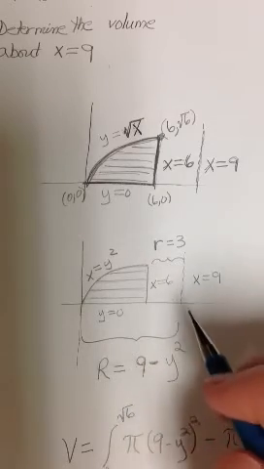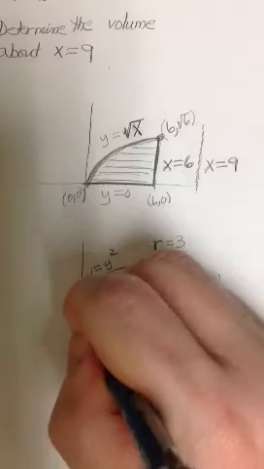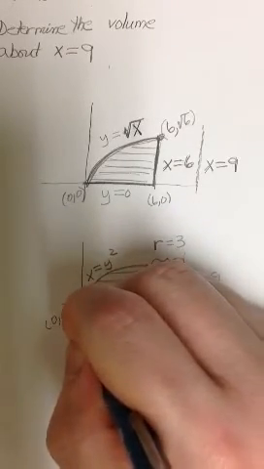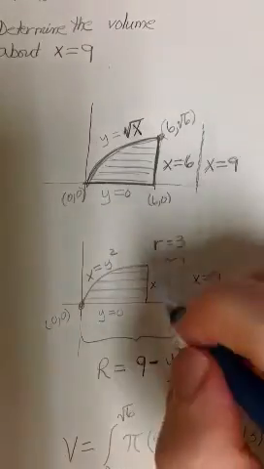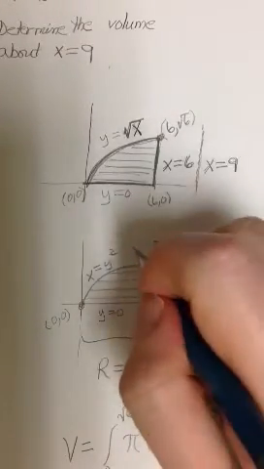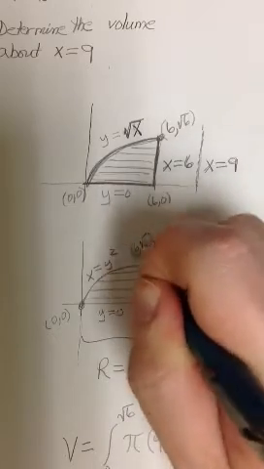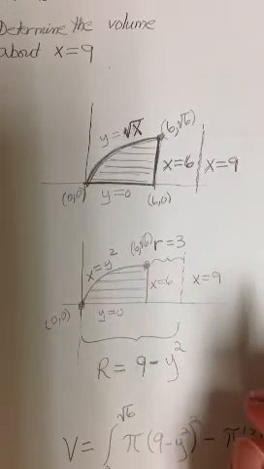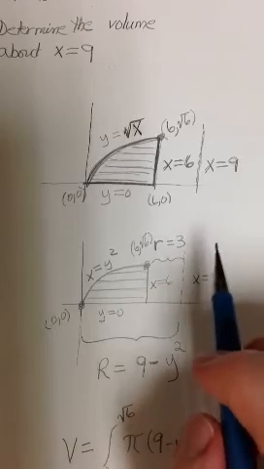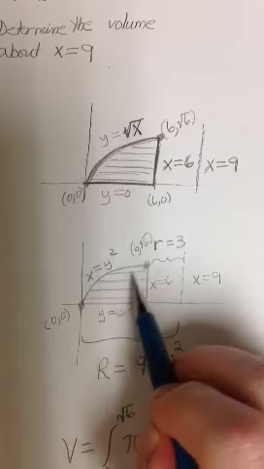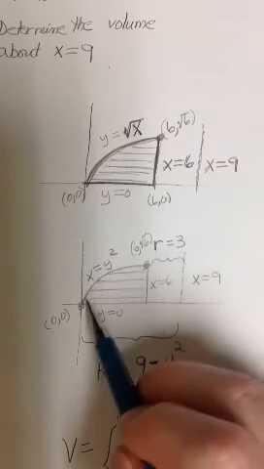Once we proceed from the origin, the radius is equal to 9, going from x equals 0 to x equals 9, and then for the outer we have, again, going to the point 6 and the square root of 6. If you notice, for the radius itself, once you get to this point, the radius is at 3, and everything else is going to have a radius somewhere between 3 and 9.